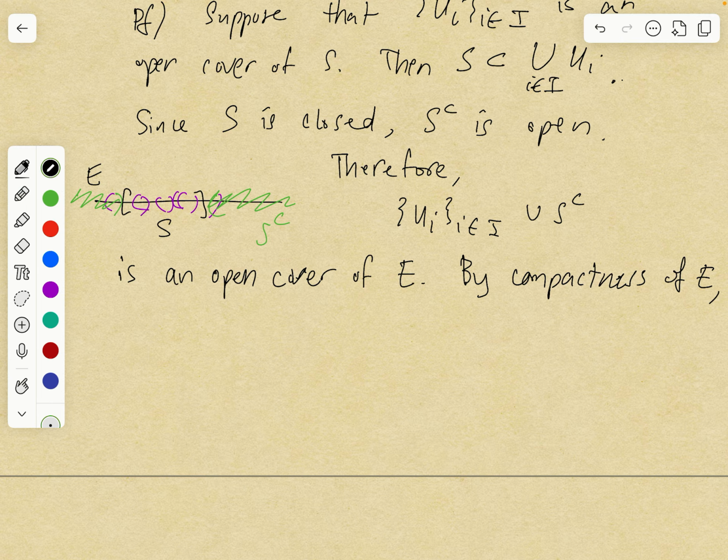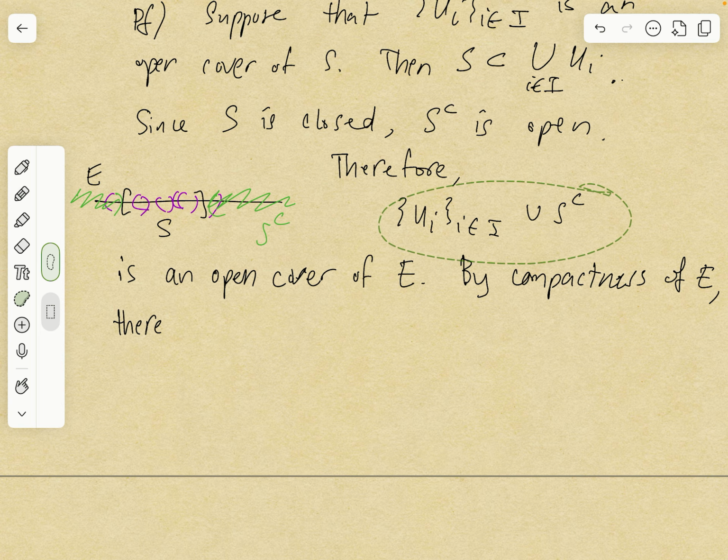So we have this cover which is a potentially infinite collection of sets and then union this other set. So when you take a finite subset of that, it's going to be a finite set, potentially including the complement, but potentially not.